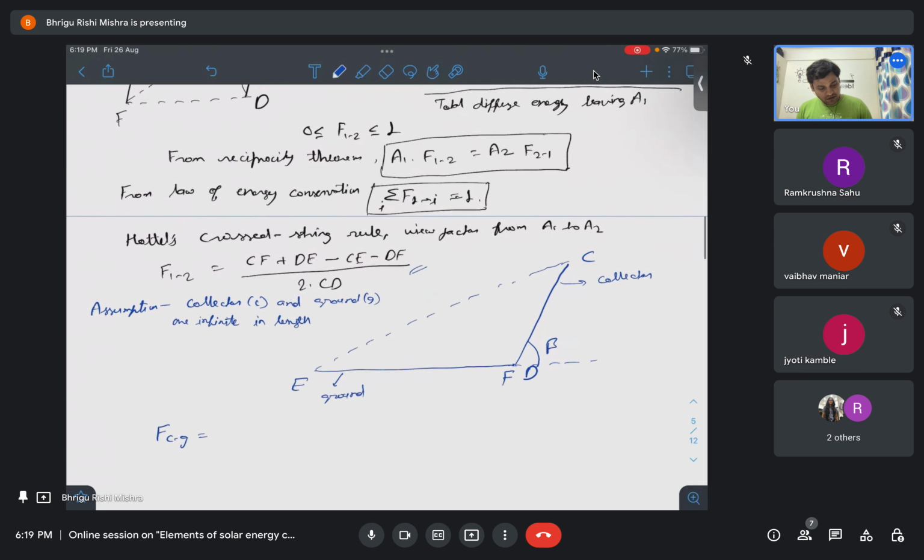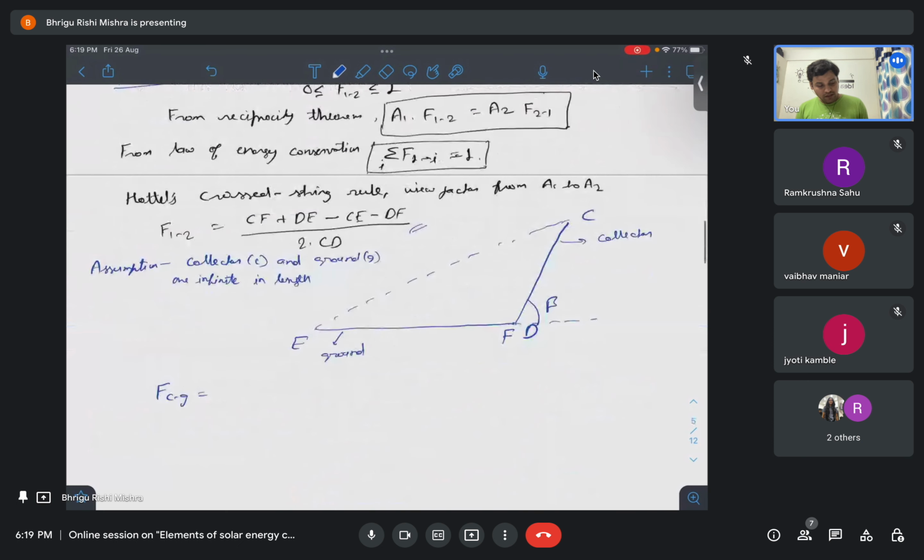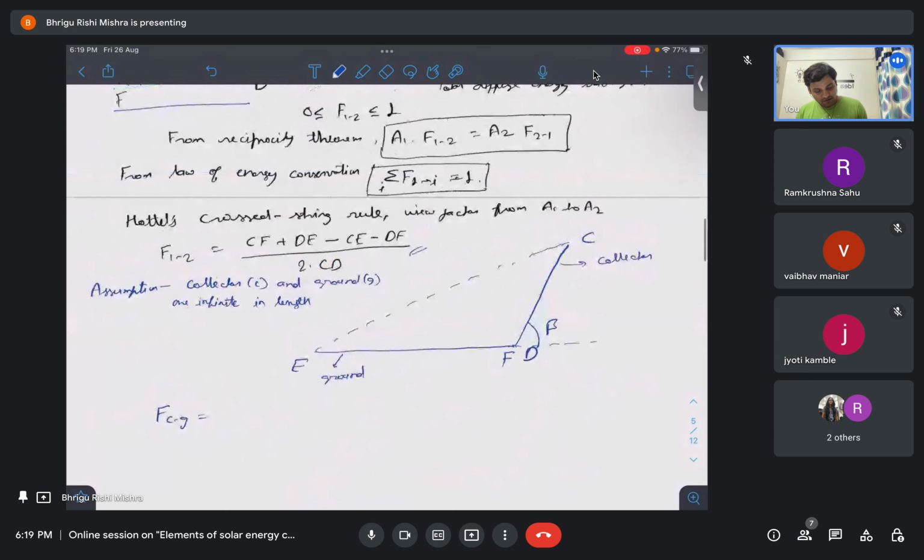So if you consider the same way here, the cross section CF and DE, what will be the expression?